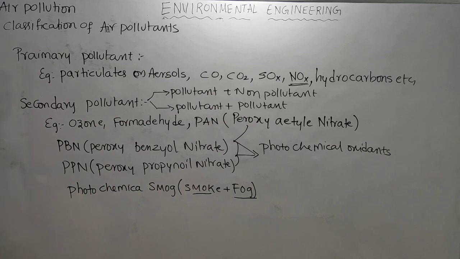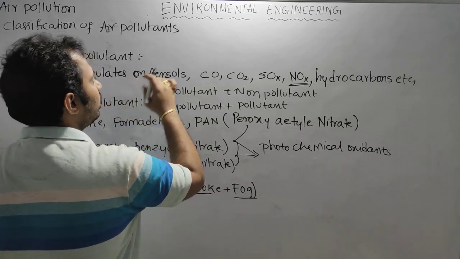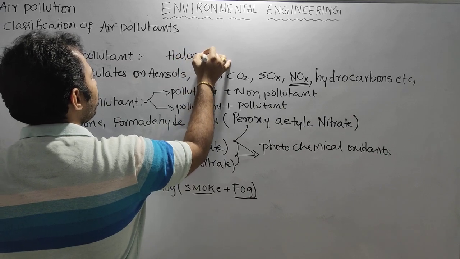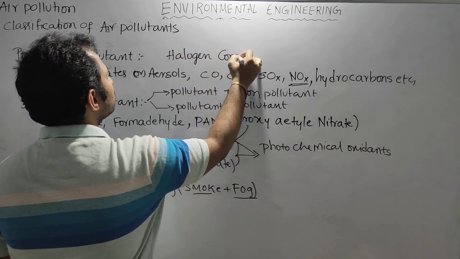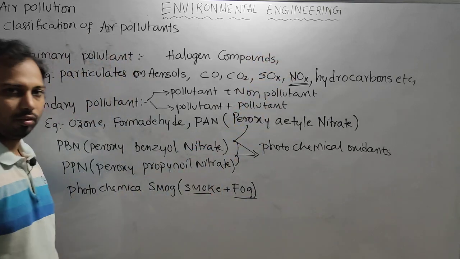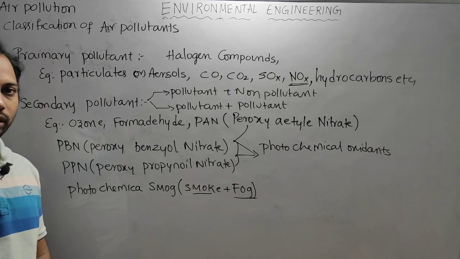So halogen compounds. In primary pollutants we can add halogen compounds. Halogen compounds means what? Fluorine, bromine, chlorine. So these are all halogens. We learned this halogen term in chlorine compounds, chlorination, disinfection.